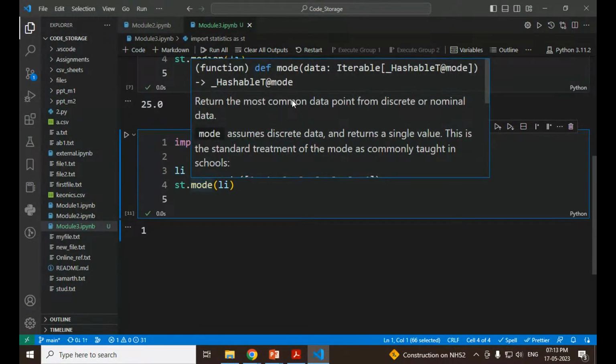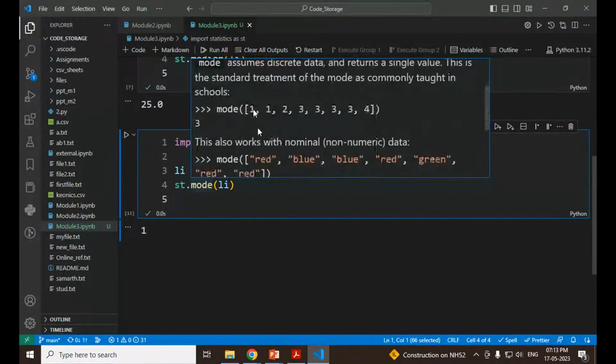It returns the most common data point from discrete or nominal data. It says mode assumes discrete data and returns a single value, as we can see 1 as a single value. This is the standard treatment of the mode as commonly taught. Here we have 1 repeated 4 times.